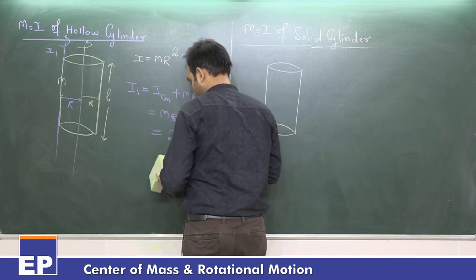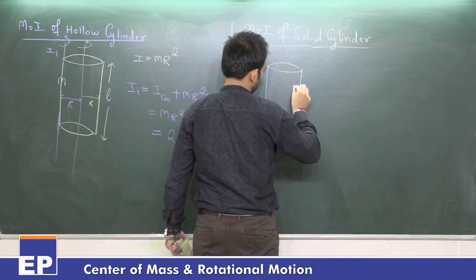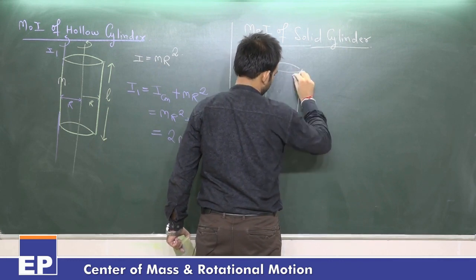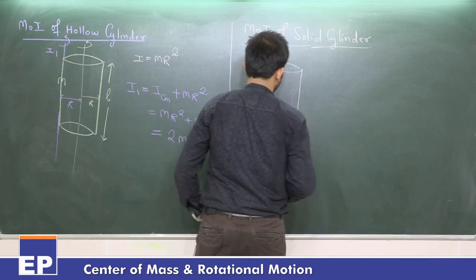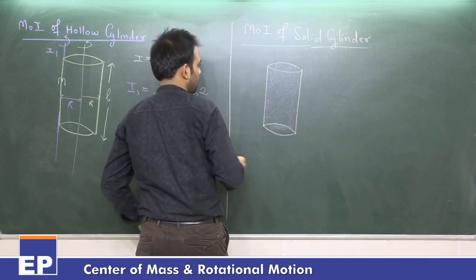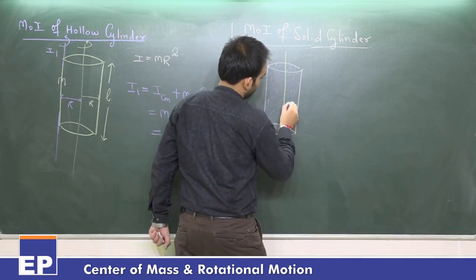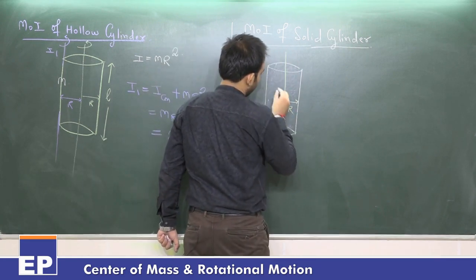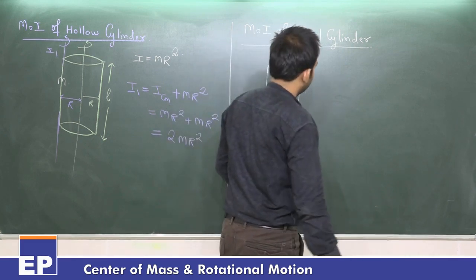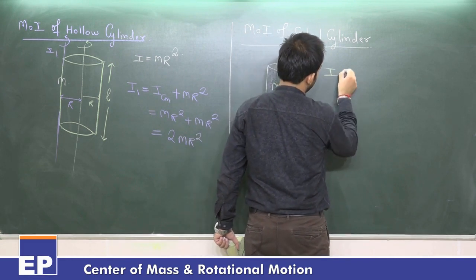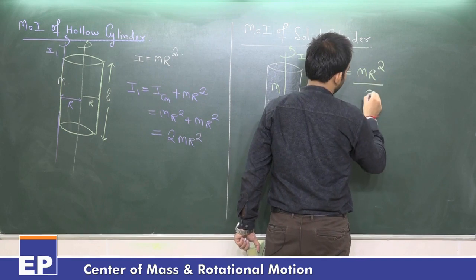This is the solid cylinder, so masses are present in it. This is the axis passing through it. Its distance from it is R, its mass is m. About this axis, we can consider the solid cylinder as a ring, a disc. So about this it is m r square by 2.